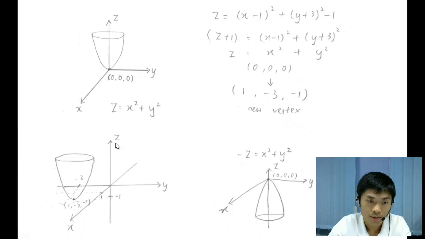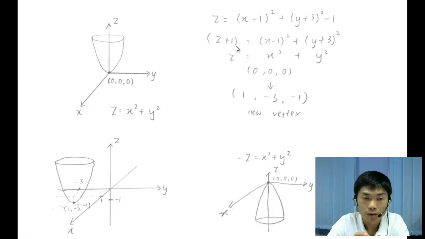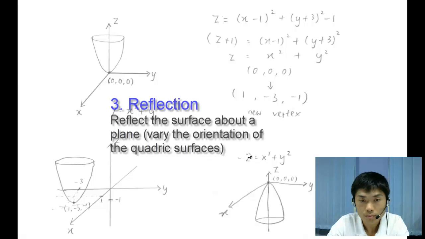You sketch it by drawing out the x, y, and z axes and identifying the new vertex, which is somewhere around here: positive 1 for x, negative 3 for y, and negative 1 for z. So your new vertex will be in this position. And you know that this elliptic paraboloid will always be positive, with the orientation upwards in the positive z direction. So you just need to draw out the body of the elliptic paraboloid in this way, and you get it.